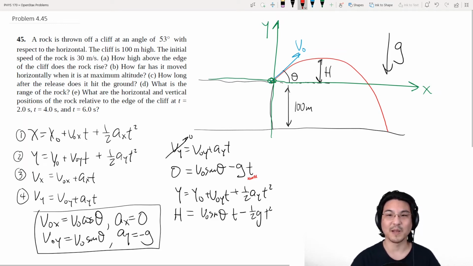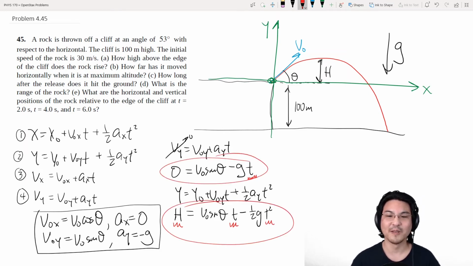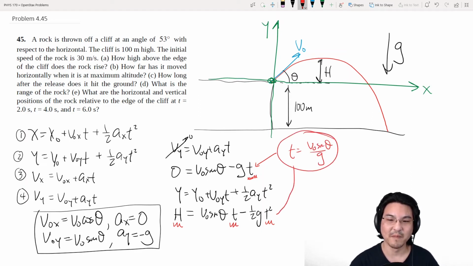And now same, what's unknown? I don't know time. But now I have 2 equations, 2 unknowns, which means I can solve for time and then put that here and here. All right, let me do that.